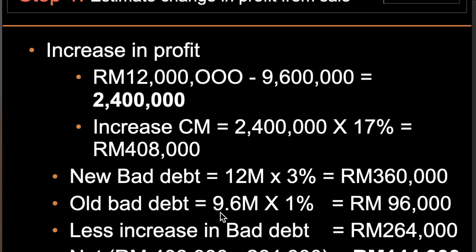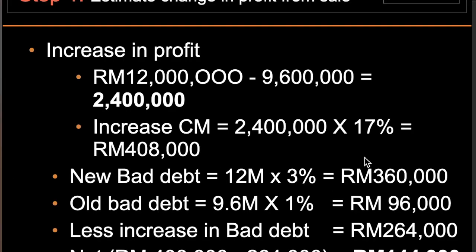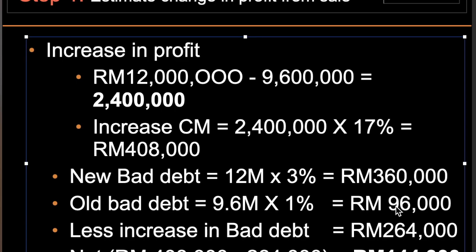Old bad debt, 9.6 million multiplied by 1% gives us 96,000 ringgit. So what is the difference? Less increase in bad debt. What is our increment? So 360 minus 96 will give us 264,000 ringgit.